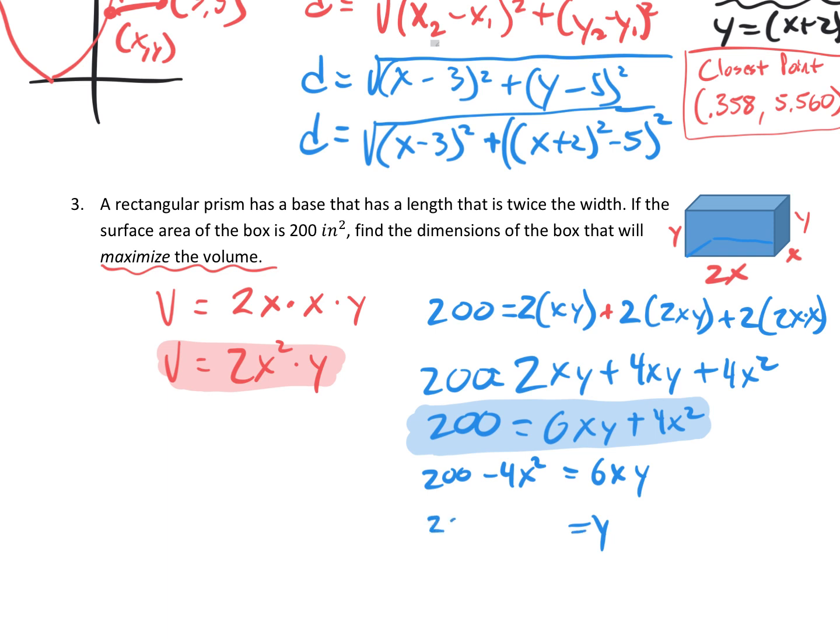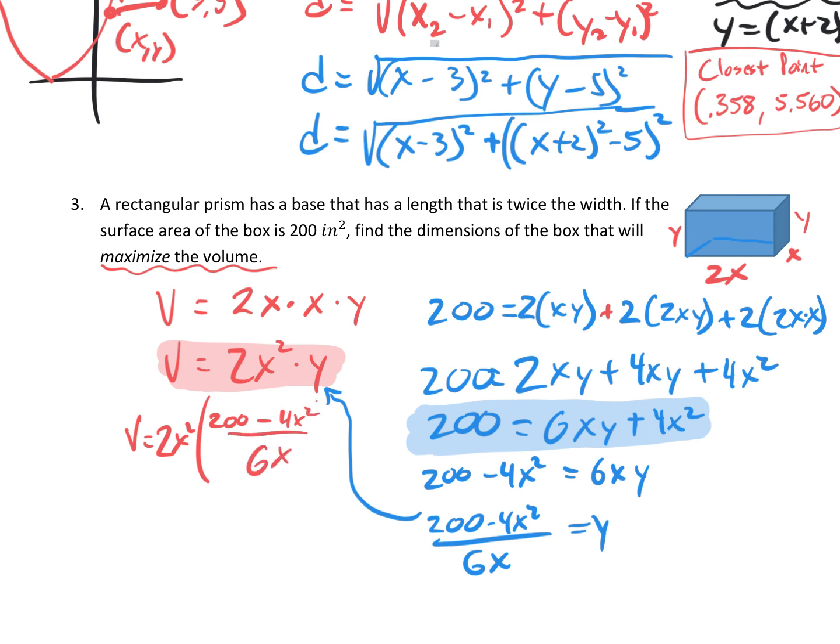And y equals (200 minus 4x squared) divided by 6x. Now we can substitute that for y, and that gives us a new equation: V equals 2x squared times (200 minus 4x squared) all over 6x.